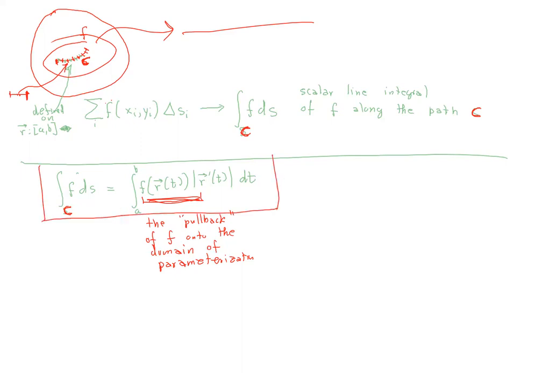And let's start with an example. Let C be the line segment from (0, 1) to (2, 2).